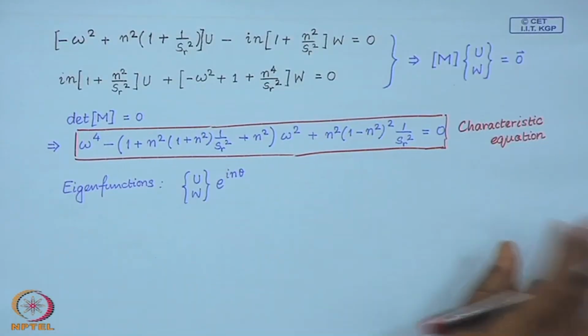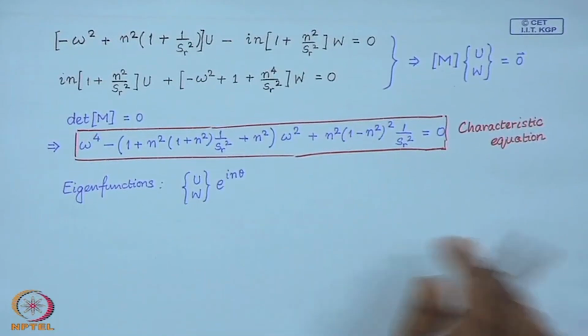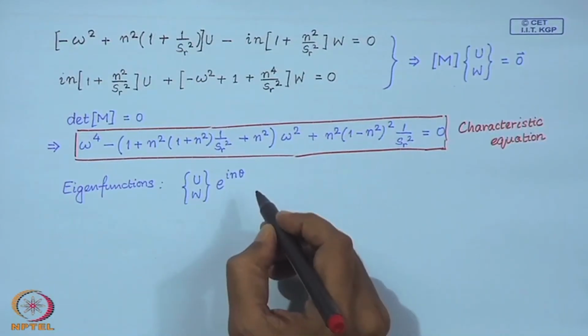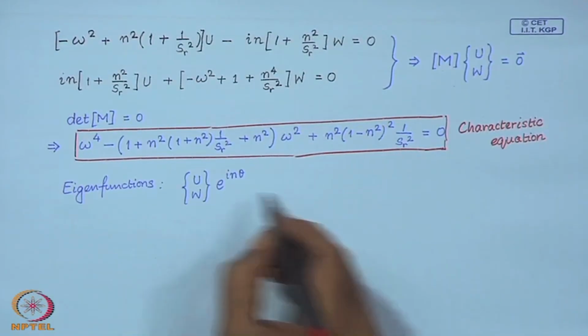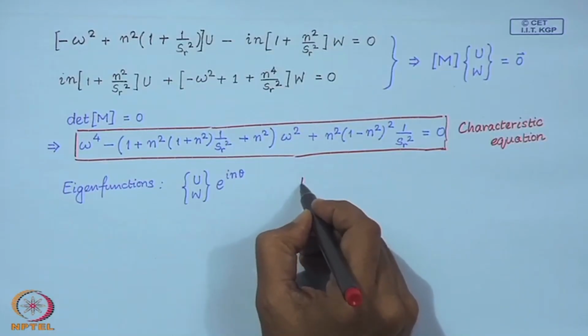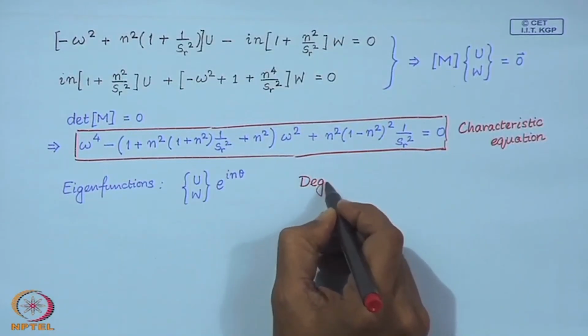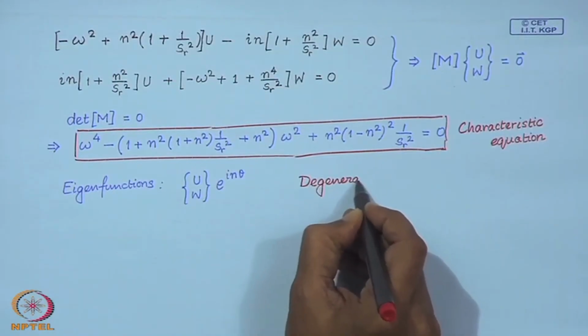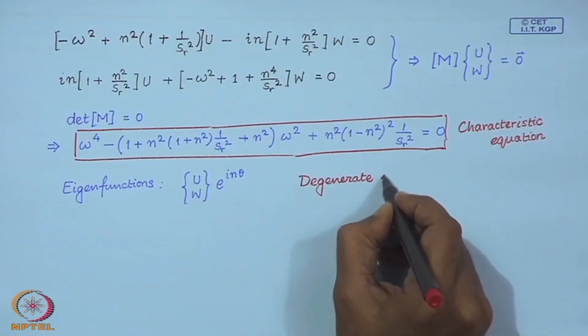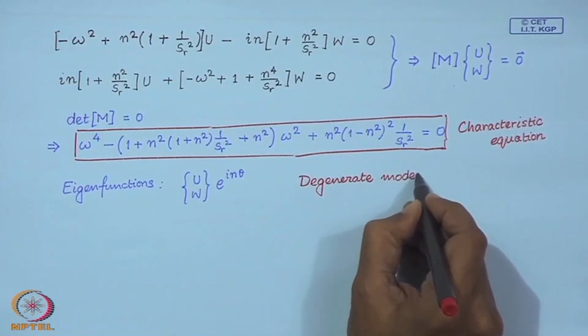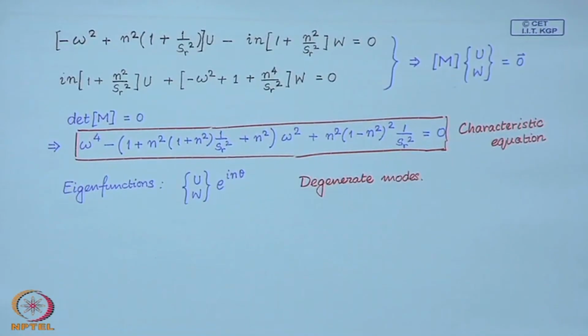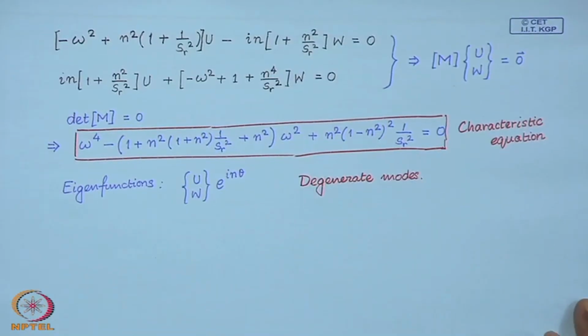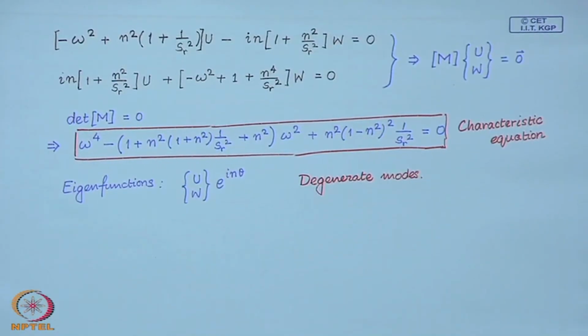So, we have multiple eigenfunctions for a given eigenfrequency.